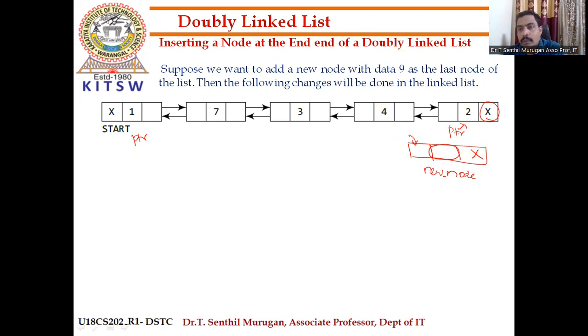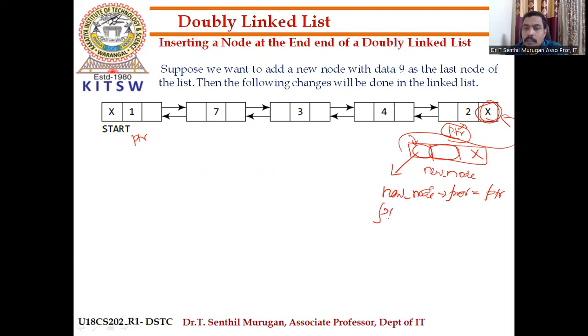So what will we do now? Whatever PTR is there, that PTR is the new node of previous portion. Here we will write new node of previous equal to PTR. PTR value we have assigned. What happened? This node is pointing to here, pointing like this. Now PTR of next portion, what is that?